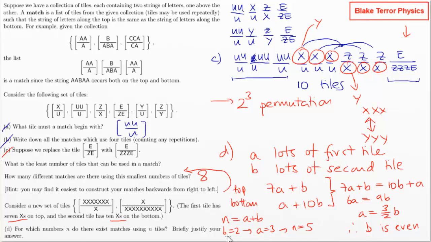If B was equal to 4, then A is equal to 6, which means that n is equal to 10. If B is equal to 6, then we've got 9 and 6, which is 15, right? So we're going up in 5s on all of this.